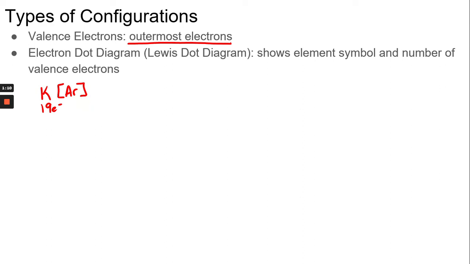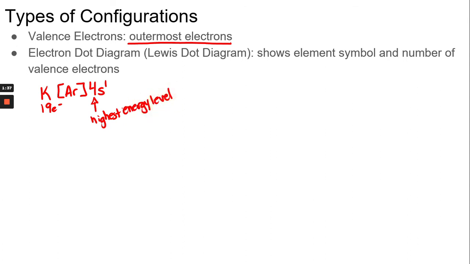Argon completes everything up to the end of row 3, so we're going to go straight to row 4, or the fourth energy level. There's one sub-level there for S, and there's one in there, that's potassium. So the highest energy level is that row that the element is on.